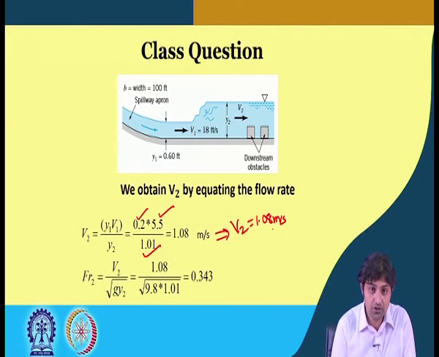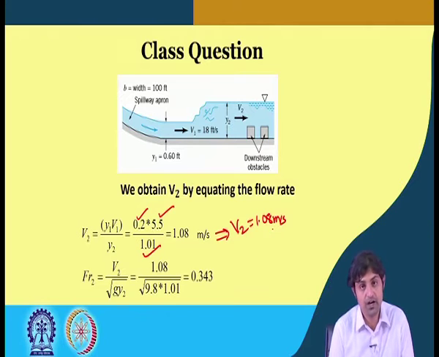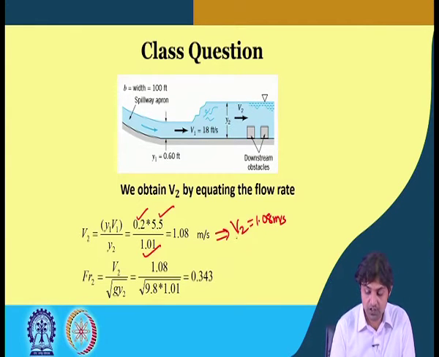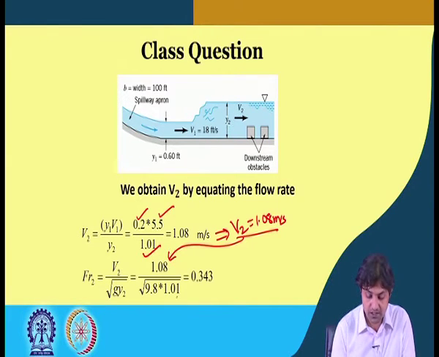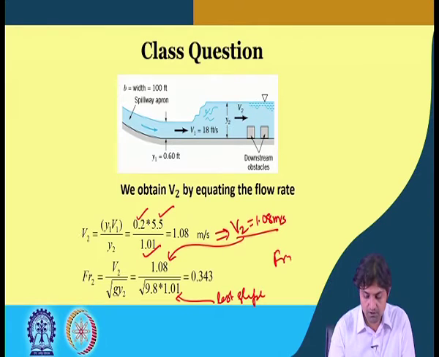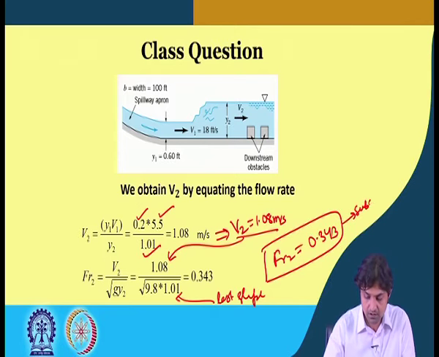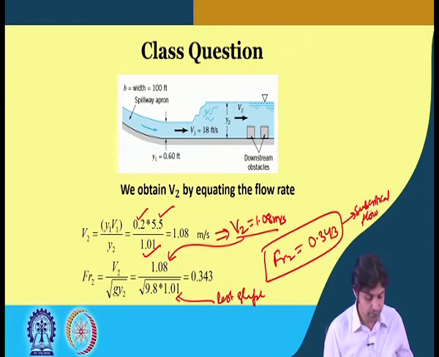So, therefore, the Froude number at location 2 will be V2 by under root g y2. V2 we calculated in the last slide, this was the reason we were calculating V2, for calculating the Froude number. So, Froude number 2 comes out to be 0.343. So, this means subcritical flow.